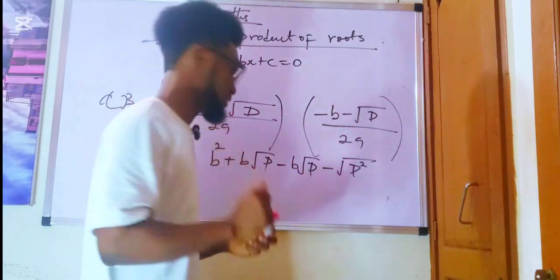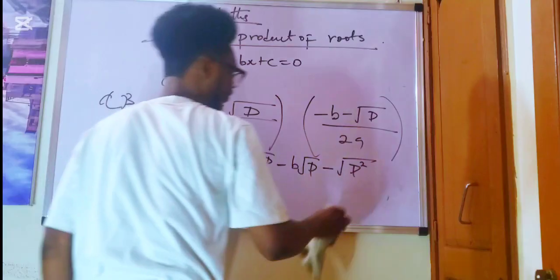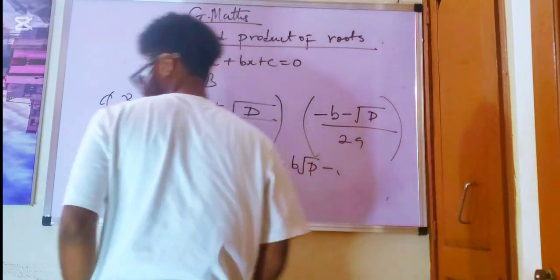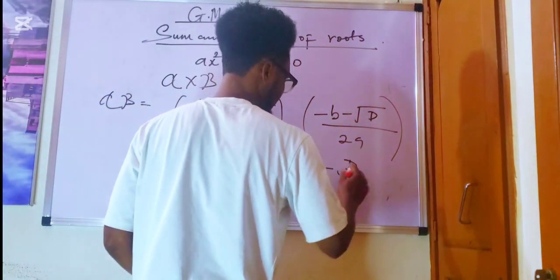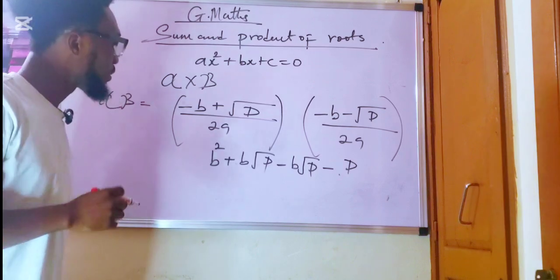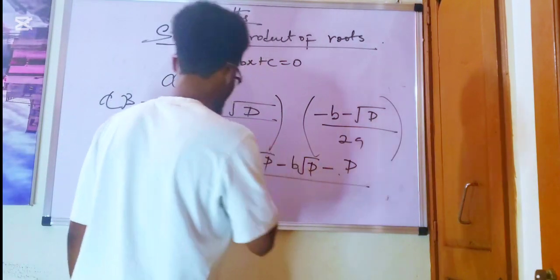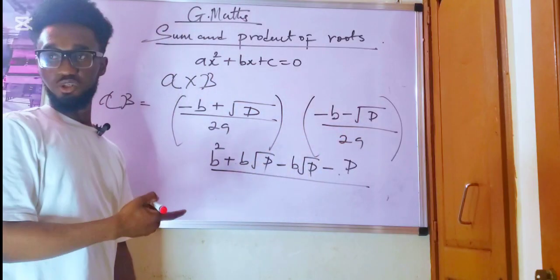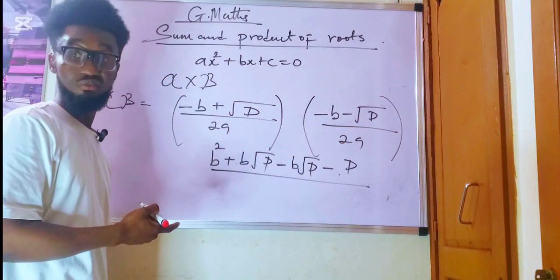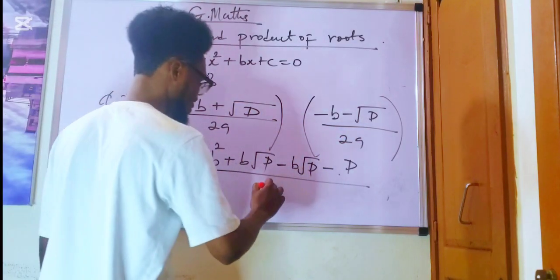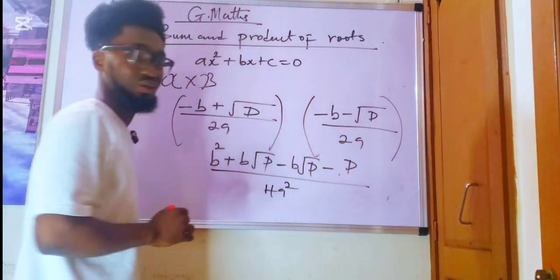So I want to make it clear before I write. So I can clean here now and replace it with d. Okay, divided by 2a times 2a, that's the denominator part. 2a times 2a will give me 4a squared. Very good. So we have 4a squared.